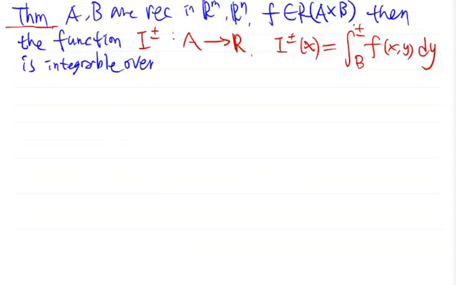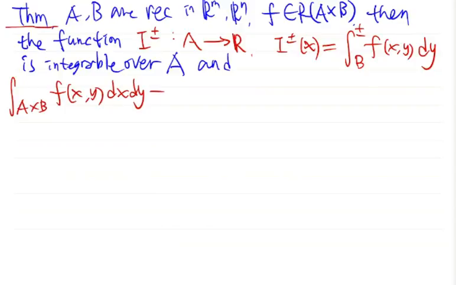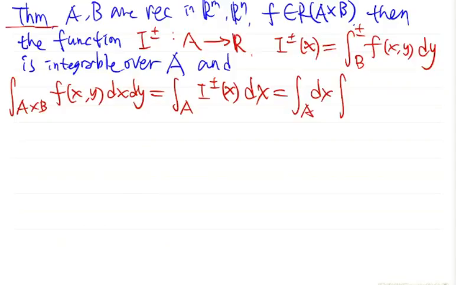And we have the following very wonderful result. The integral of f over A cross B equals the integral of I plus and I minus over A. And this integral we denote by the last equality, which is just a notation.